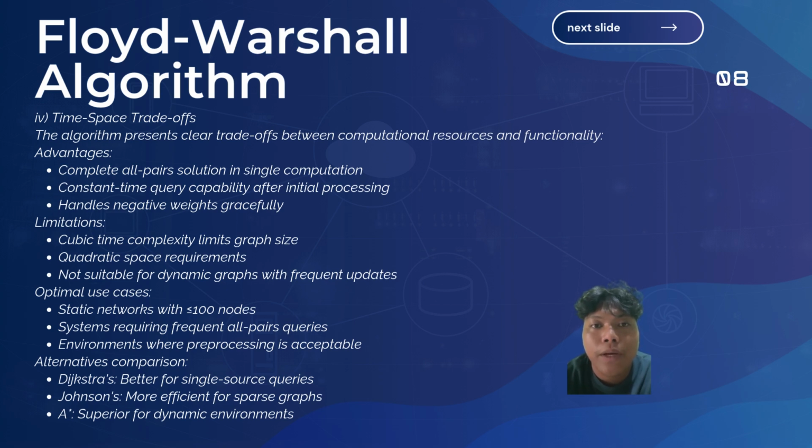The optimal use case is a static network with under 100 nodes requiring frequent all-pairs queries, in environments where pre-processing is acceptable. Alternative comparison: Dijkstra is better for single-source queries, Johnson is more efficient for sparse graphs, A-star is superior for dynamic environments.